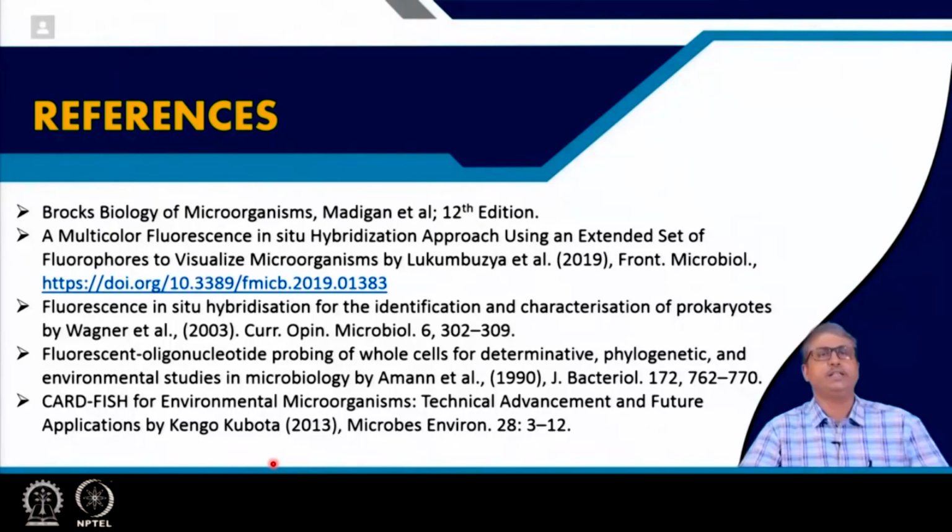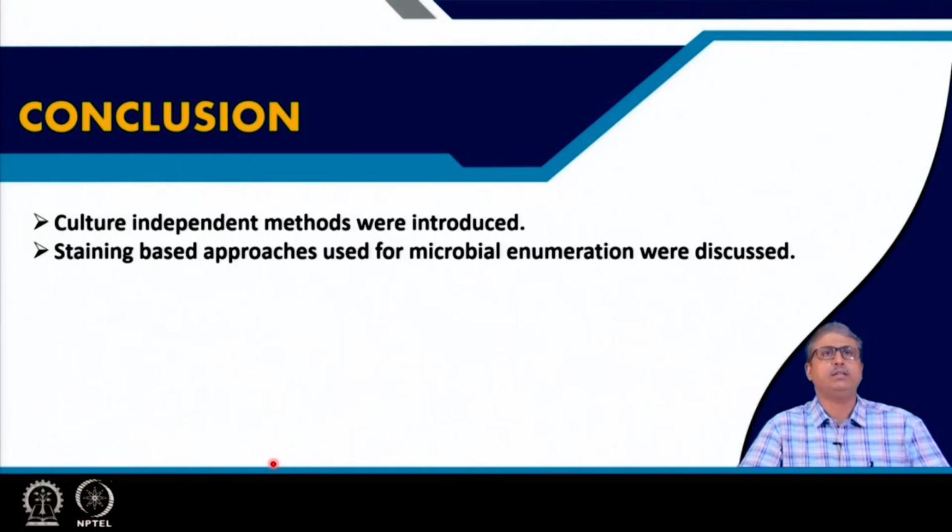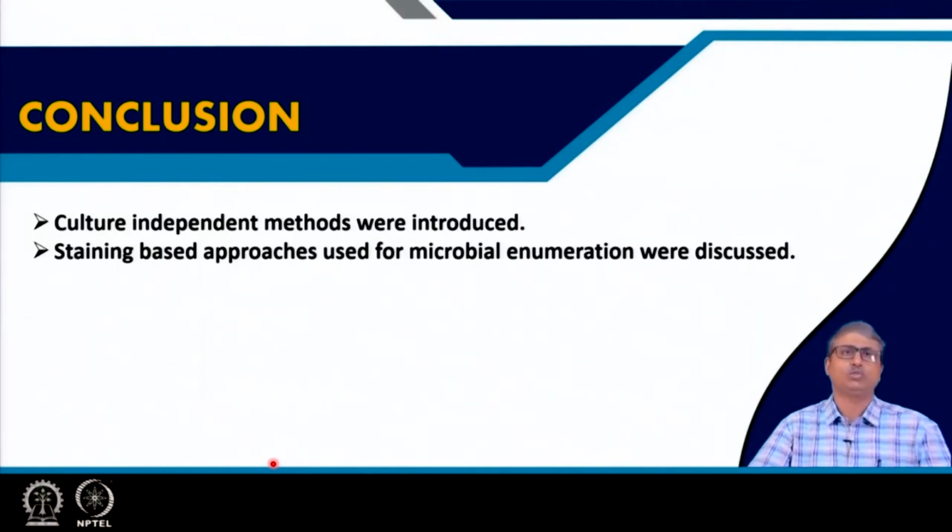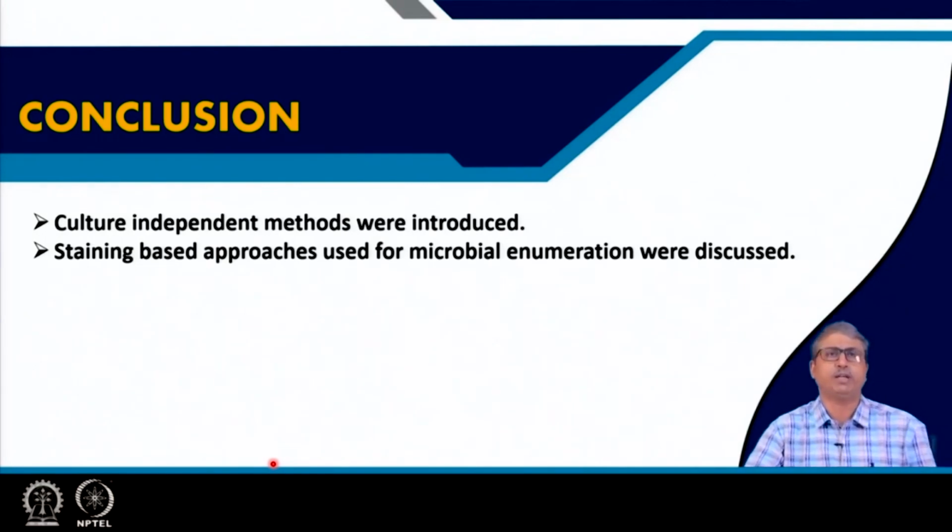Now, for this part of the lecture, the following references will be helpful. In conclusion, we discussed the brief scope of environmental microbiology, and microbial community analysis through culture-independent methods.